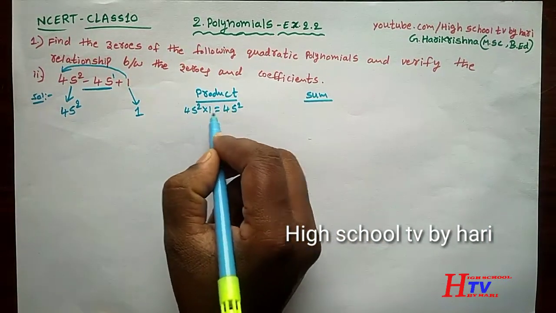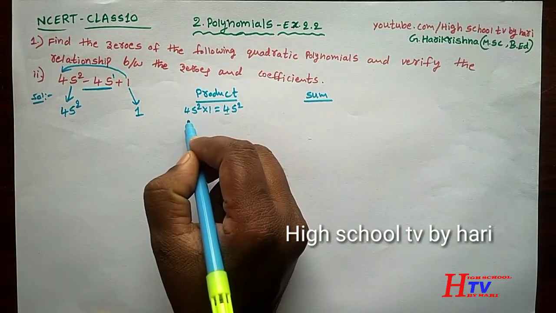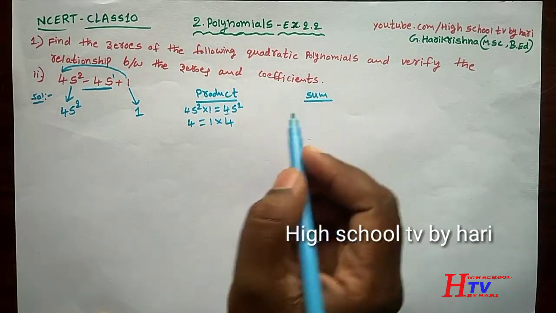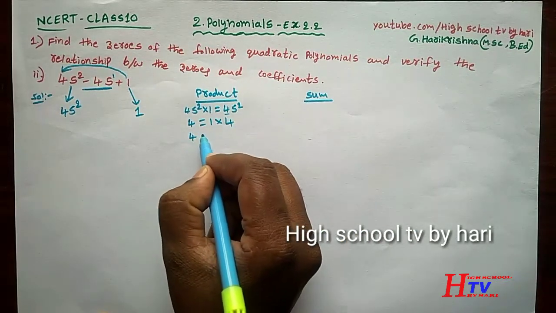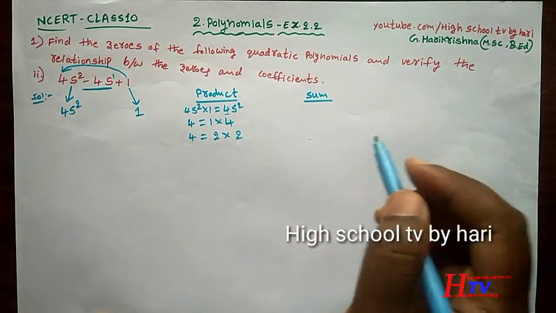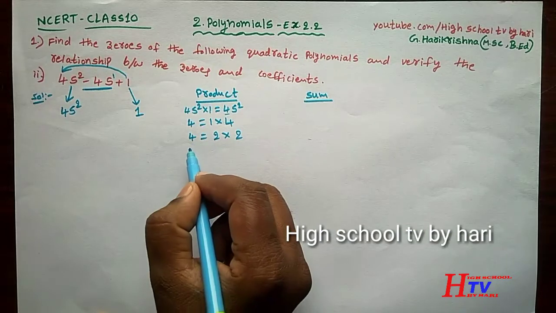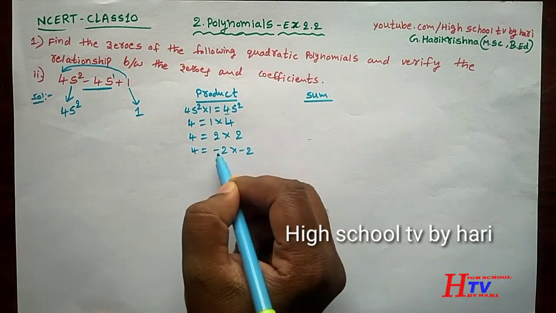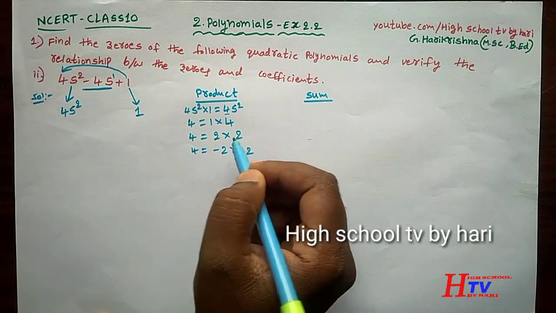4s square. Take 4. 4 can be written as 1 into 4, and 4 also can be written as 2 into 2. And also 4 can be written as minus 2 into minus 2, since minus into minus is plus, 2 twos are 4.